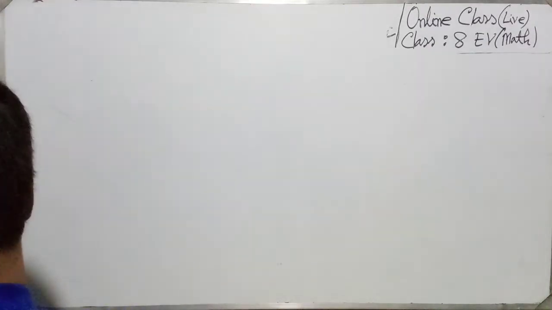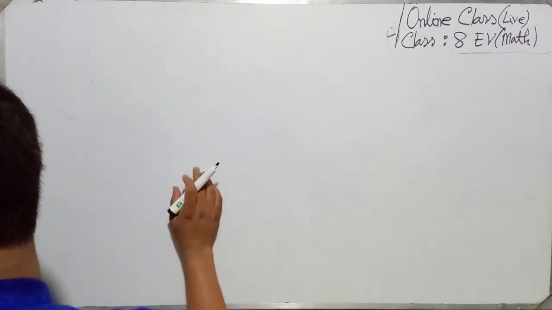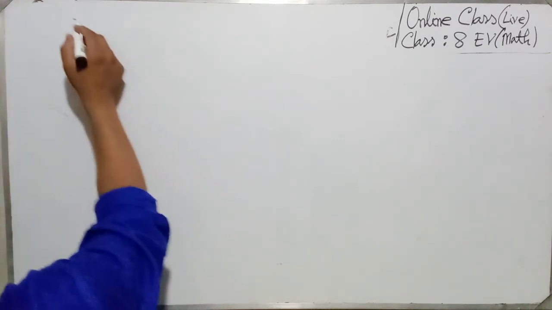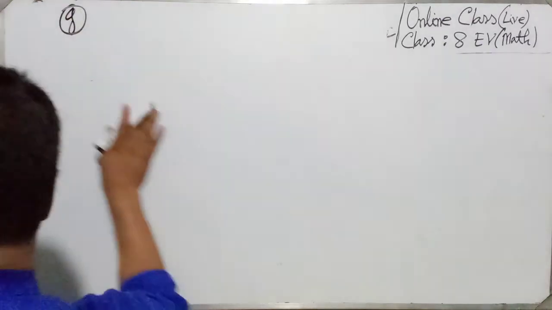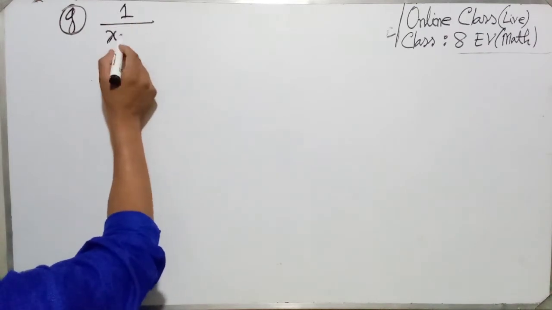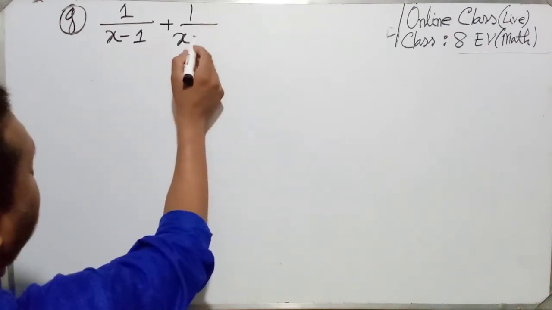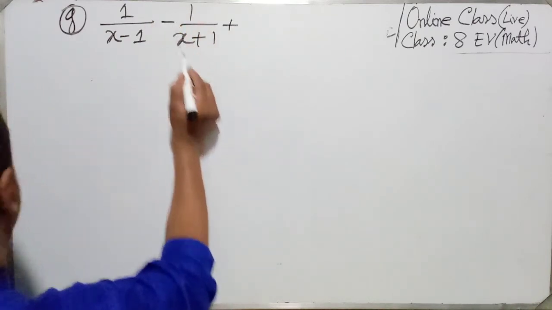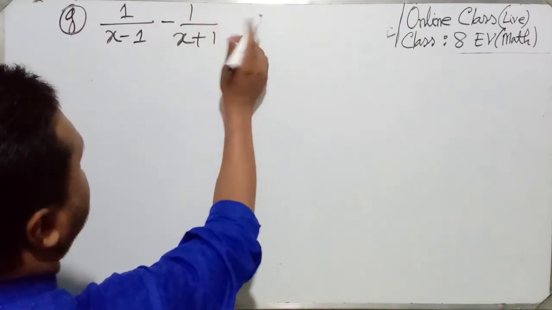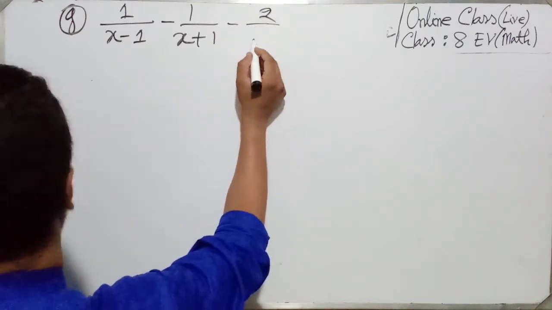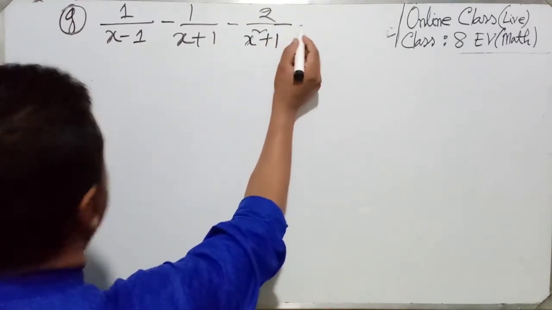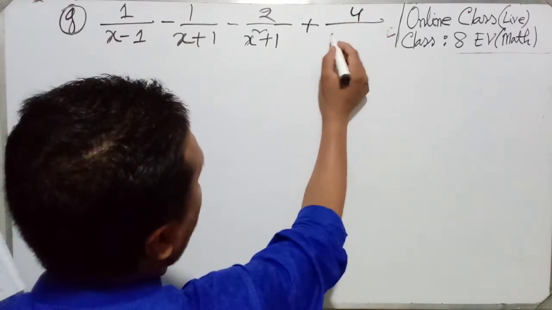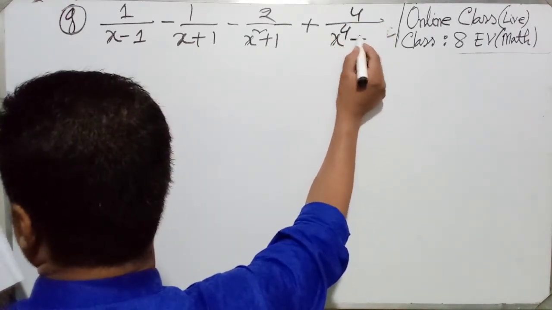Now dear students, we can solve a problem. Suppose this one and another last 4 by x to the power 4 plus 1.